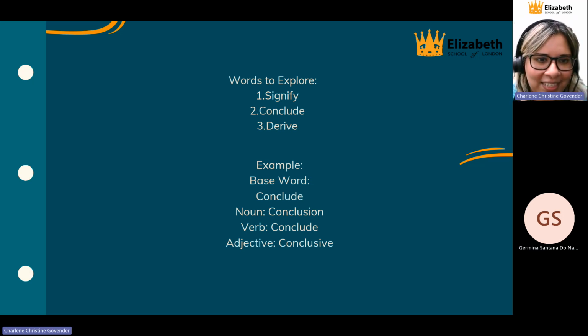All right, so let's have a look. So I'm just going to do one. I'm going to choose a random one, and then you can possibly do them by yourselves, okay? The ones I don't do. So I have conclude. So I've chosen my root word or my base word as conclude. Now, the noun of conclude is conclusion.